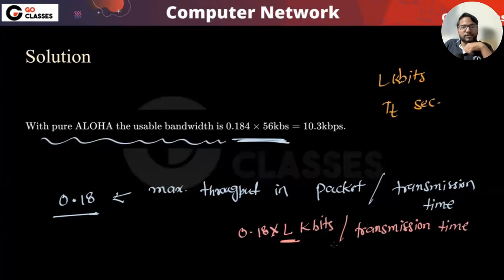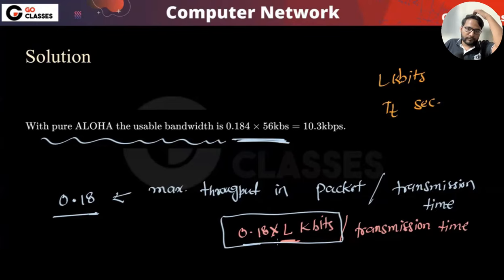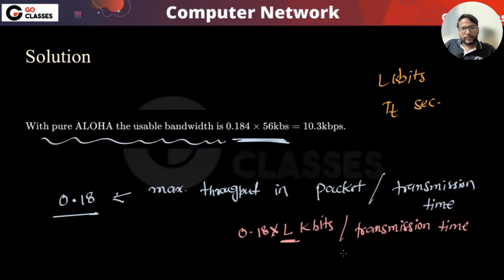If in TT seconds you are sending this much, and I ask you in 1 second, you just divide by the transmission time, right? So you will get 0.18 into L upon transmission time. So this is basically in kbps.